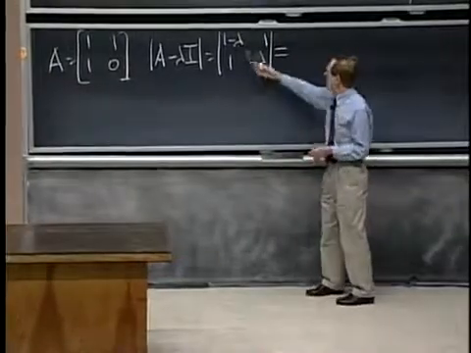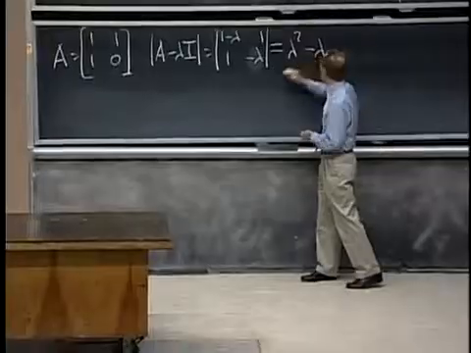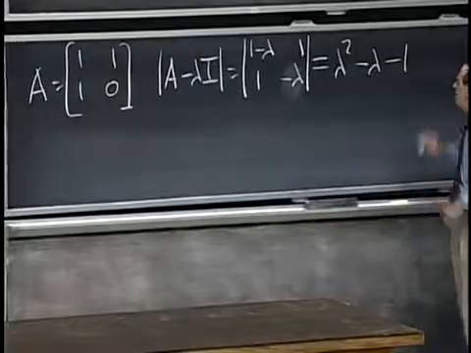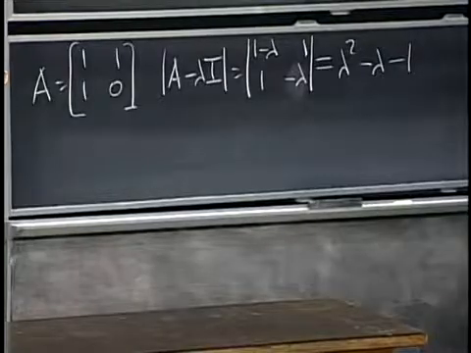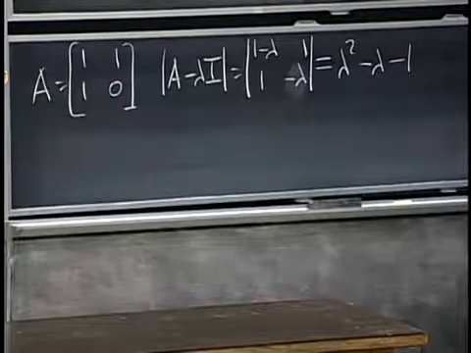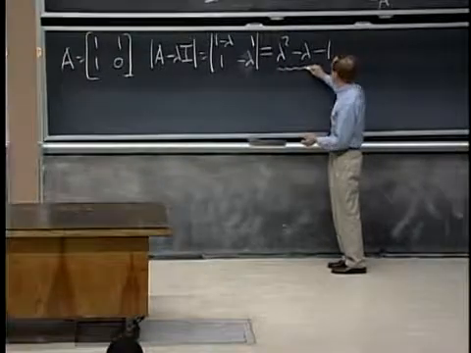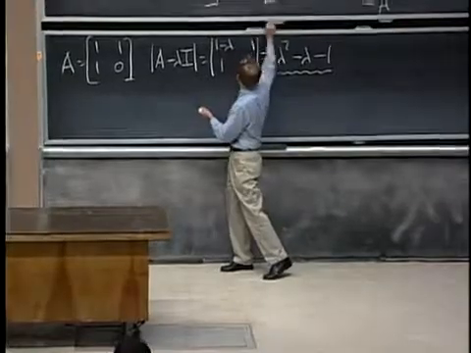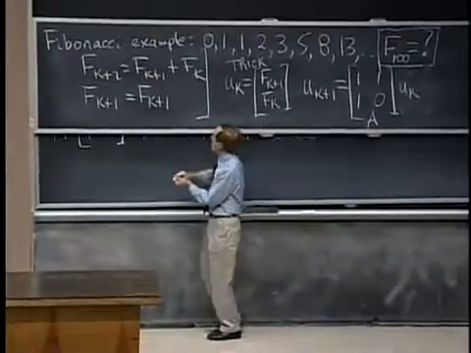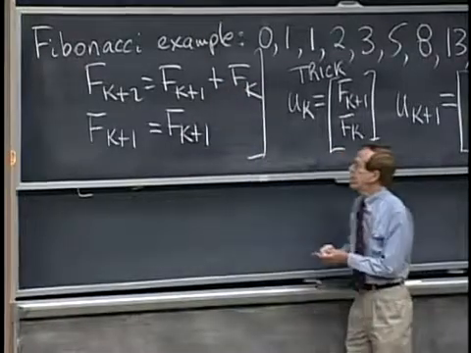If I multiply this out, that times that will be lambda squared minus lambda minus 1. Good. Lambda squared minus lambda minus 1. Actually, compare that with the original equation that I started with: f_{k+2} minus f_{k+1} minus f_k is 0.